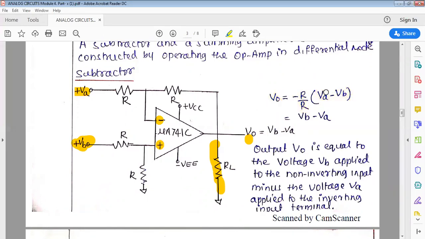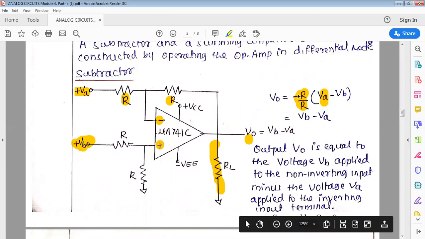Now, what is the gain of the inverting amplifier? This is R. This one is also R. So that is minus R divided by R into VA, the input applied to the inverting input terminal, minus VB, the voltage applied to the non-inverting input terminal. So I can write minus R by R, VA minus VB.